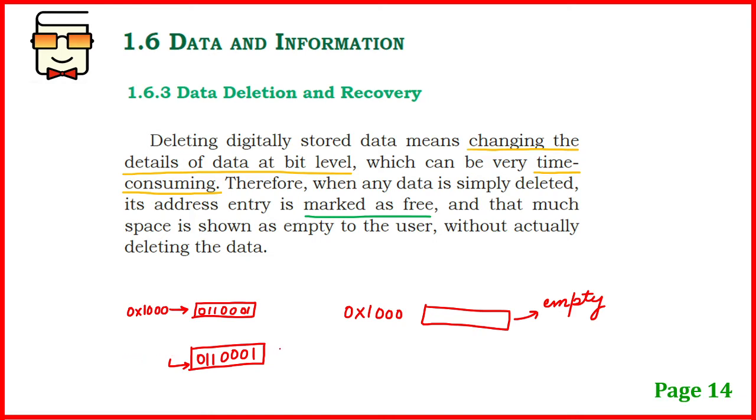When we have to delete data from the memory, the flag is now set to free. That means the contents are not changed. Whenever you have a memory location whose contents are to be deleted, the contents are not actually erased from the memory location, they remain as they are. Only a flag or a marker is set for that memory location that denotes that it is free.